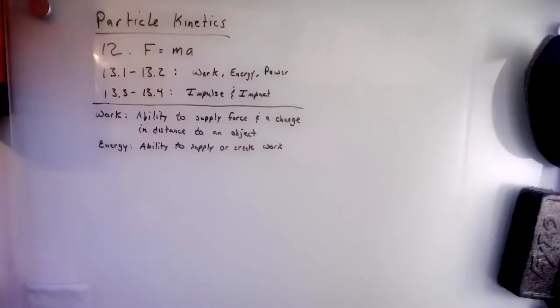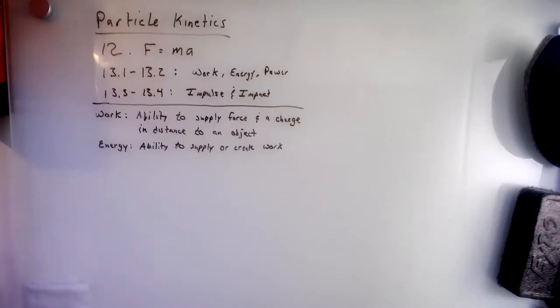In chapter 12, we talked about Newton's second law, F equals ma, and we calculated mostly the acceleration or the force that was causing it, sometimes the mass. The central idea was to use Newton's second law in a whole bunch of different ways.